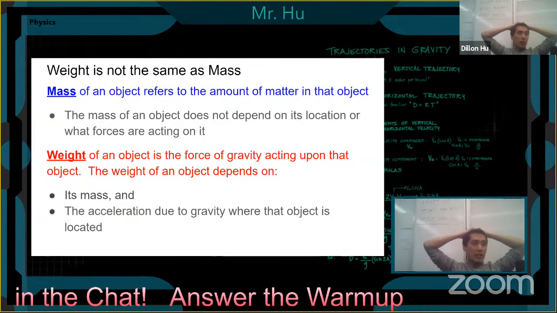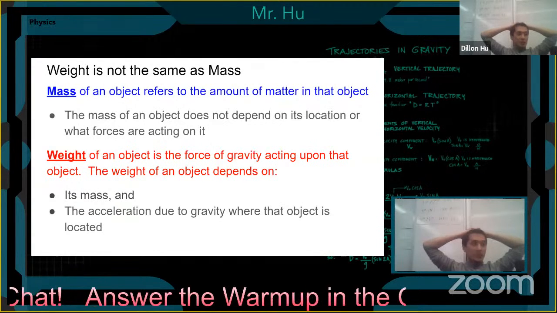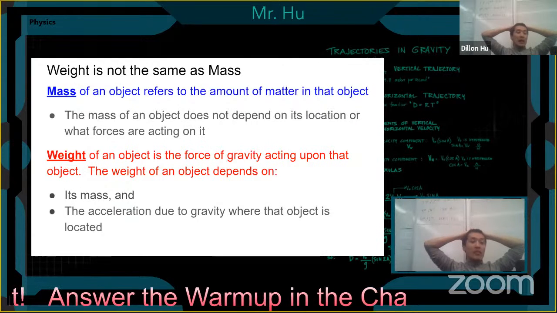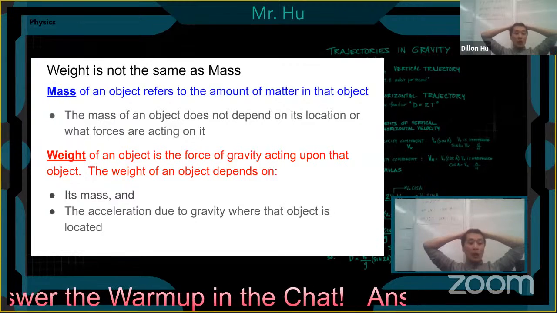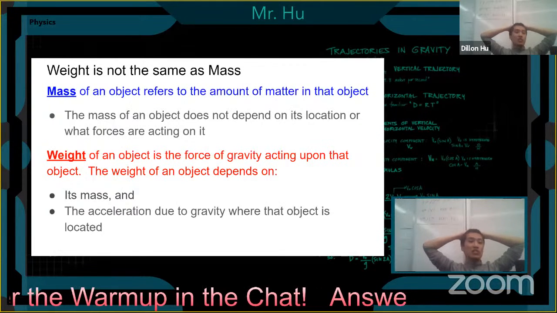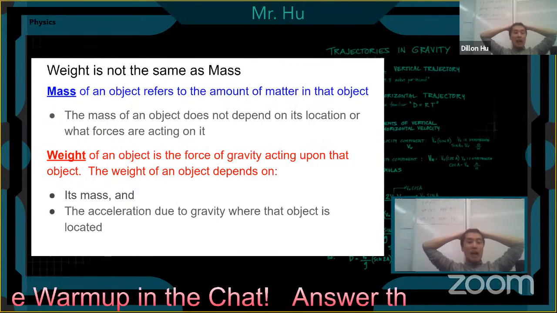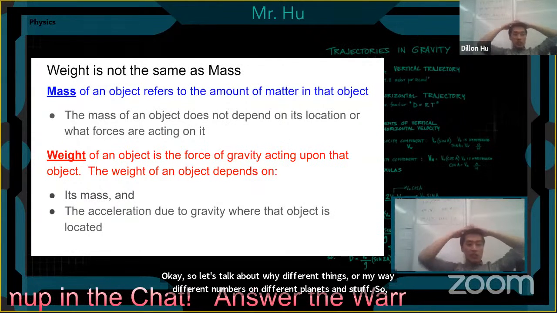Your mass, correction, is how much stuff you have. The amount of mass an object has does not depend on where it is or what forces are acting on it. It's just always the same. So if I have a lot of stuff, I will always have a lot of stuff regardless of where I am. That's mass.